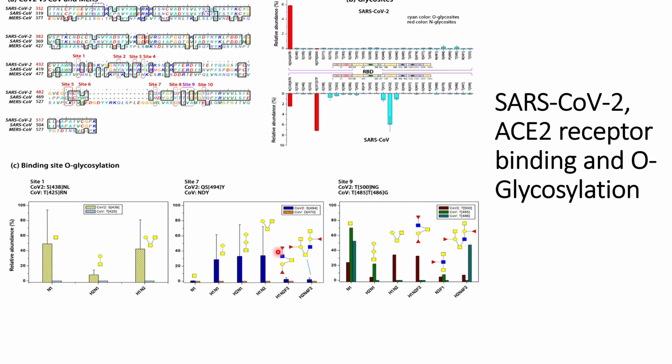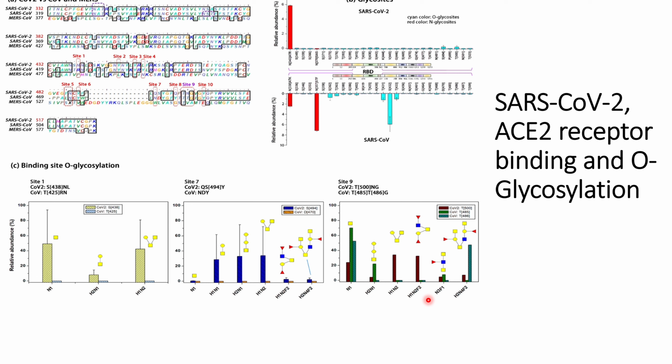In the case of site 1, they can see that O-glycans are observed near the S438 position, whereas there is no O-glycan for SARS-CoV. Similar is the case with site 7, where they can see the O-glycan at position 494, as can be seen from the purple color, whereas there are no O-glycans for SARS-CoV.